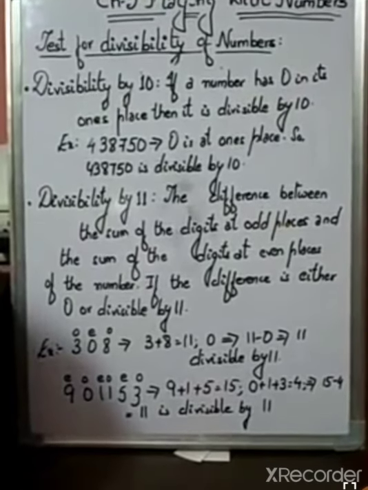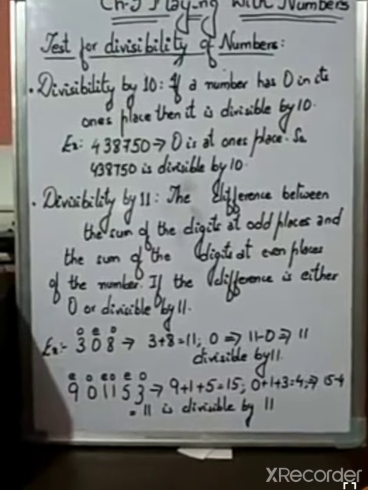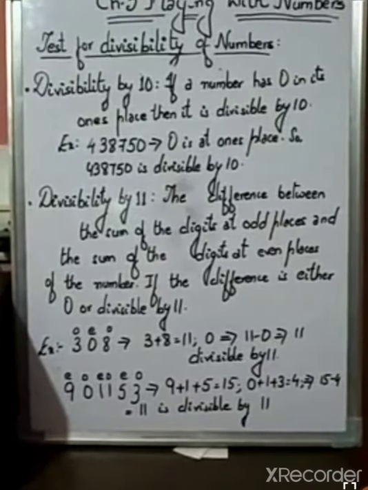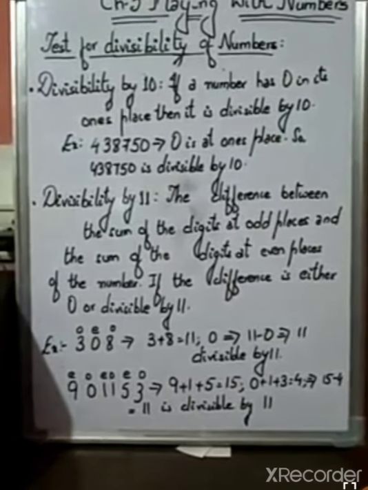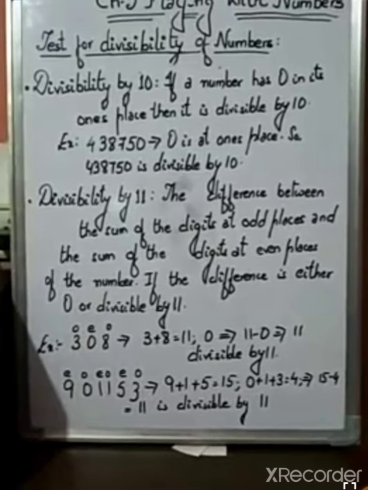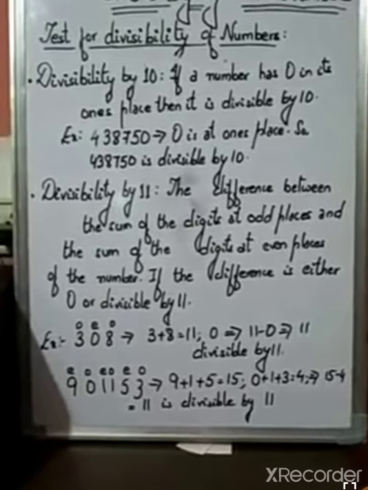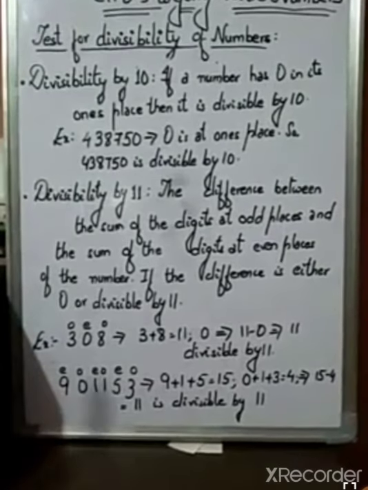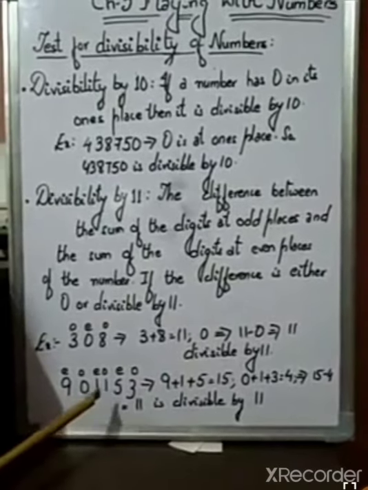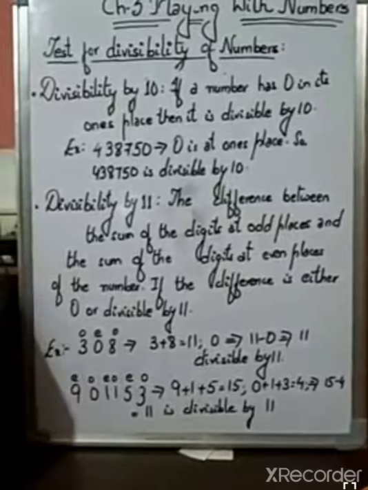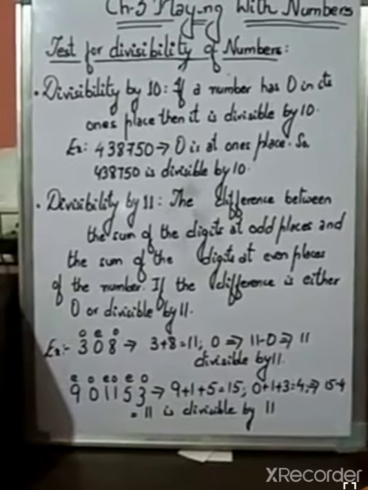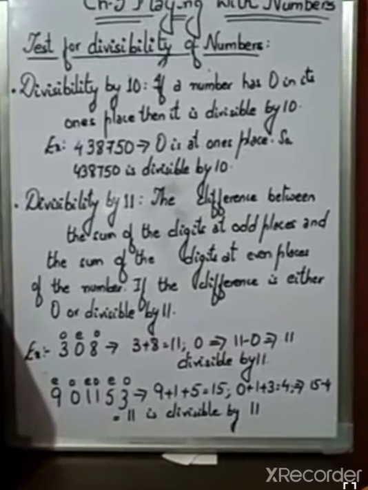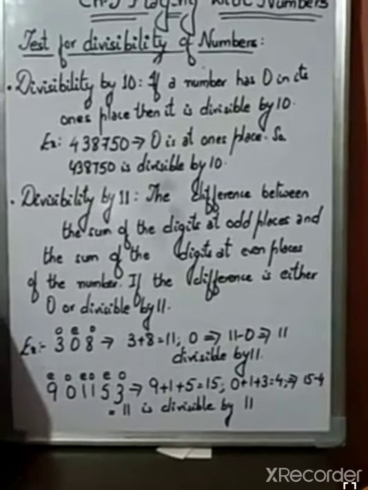Next one is 901153. We have to check again the same. As I have told you earlier, the digit at the ones place will always stand for the odd one. So it's odd, even, odd, even, odd, even. Then I have taken the sum of all the digits at the even places.